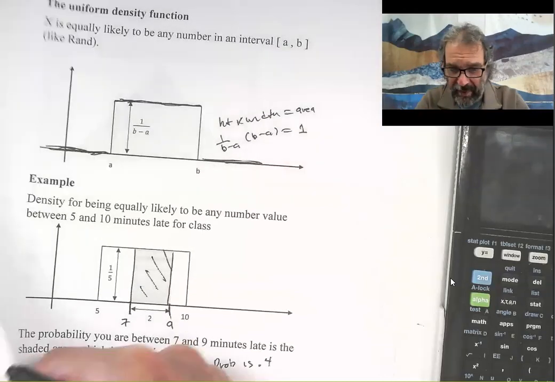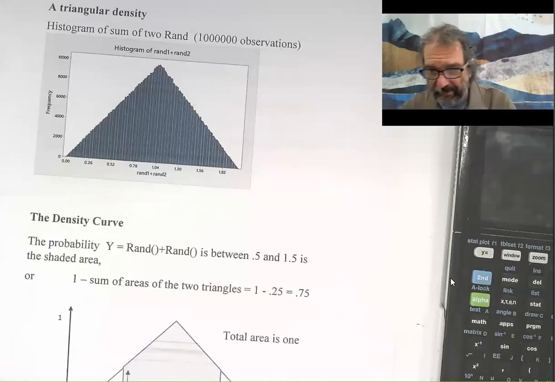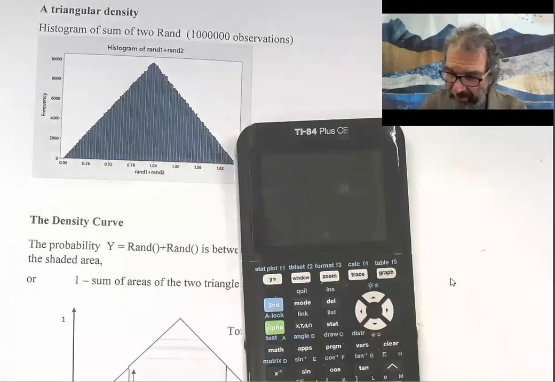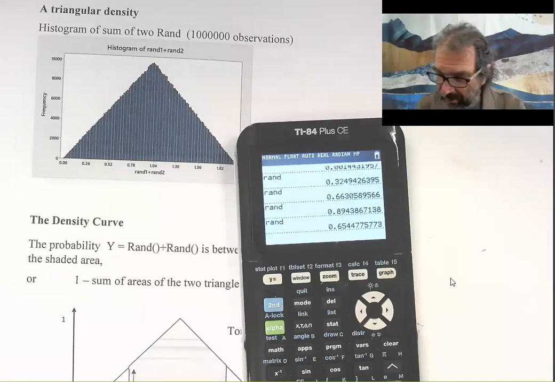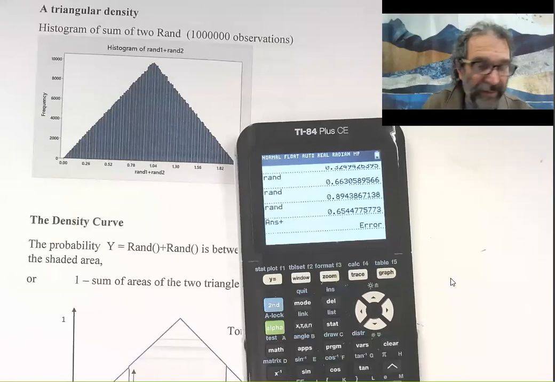All right. So we'll move on to another kind of density function here. So it turns out, we'll see what it looks like. So we're back in here. So if we go rand, plus... no, I guess I have to write it.